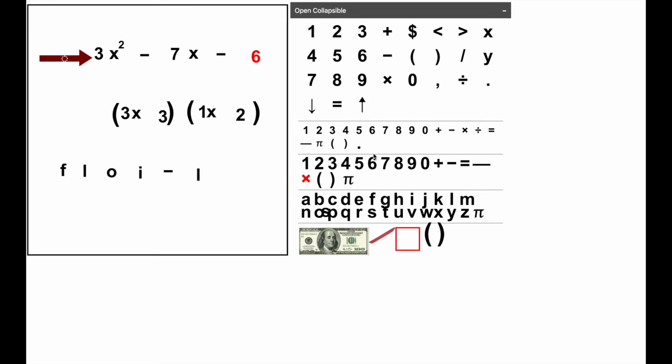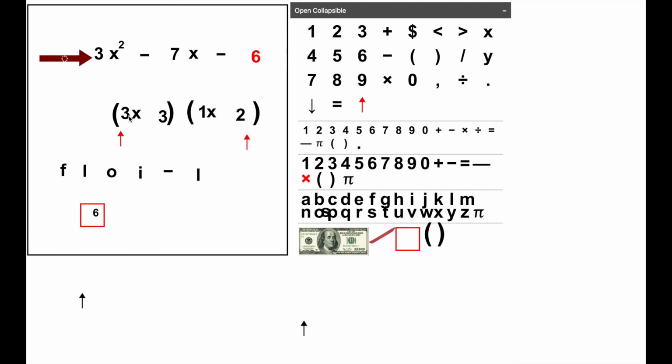Now what you want to do is take these two, and I do it with my fingers spread wide open like a V on paper, and say, what is 3 times 2? 3 times 2 is 6.